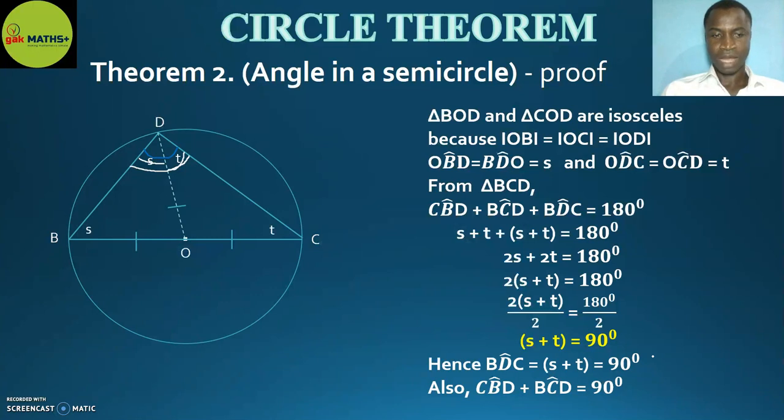Similarly, the angle formed at B, that is angle CBD, and angle BCD is equal to 90 degrees. That is the sum of S and T at angle at B and C is 90 degrees. Isn't it simple? Yes, of course, it is.